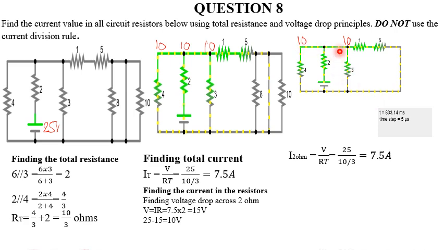But the tricky part comes now. For the current through the 4 ohm resistor, you see this is the voltage across it, and the current is simply voltage over resistance. The voltage here is 10 and the resistance is 4, so 10 over 4 is 2.5 amps.